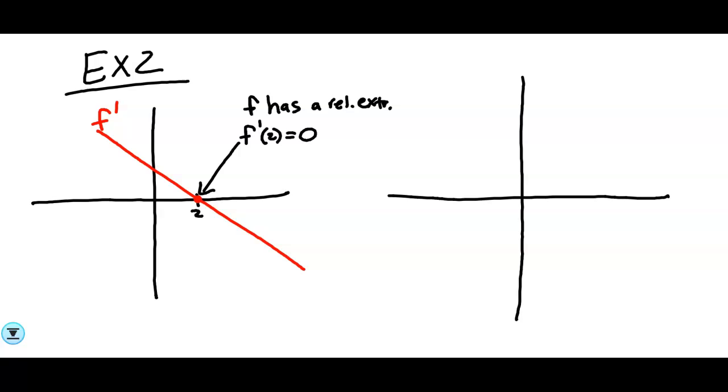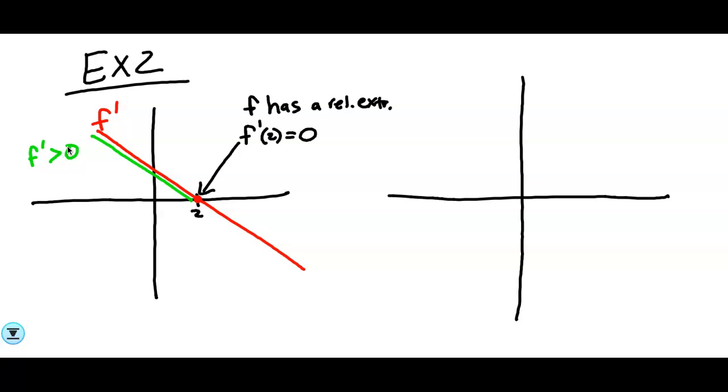Now, let's go ahead and take a look at the top half here. And I would highly encourage you guys to label these things on your graph as you go as well. What do we know about f prime over here? It's positive. So I'm going to write it like that, right?